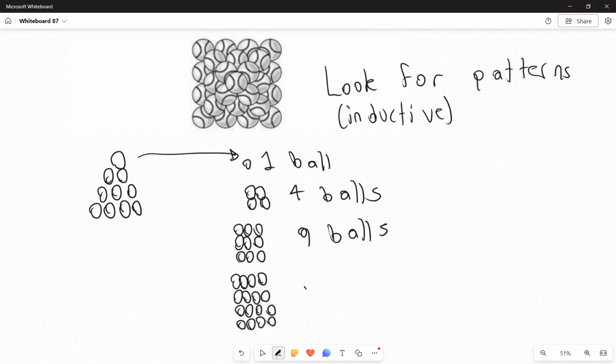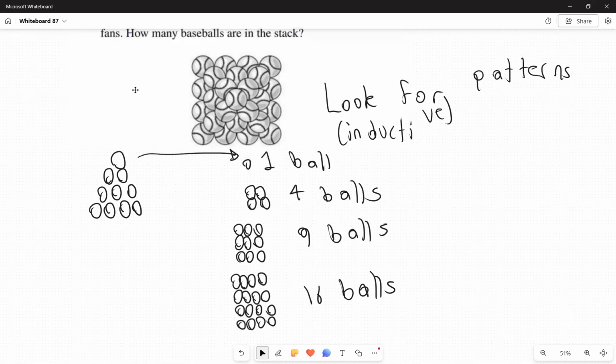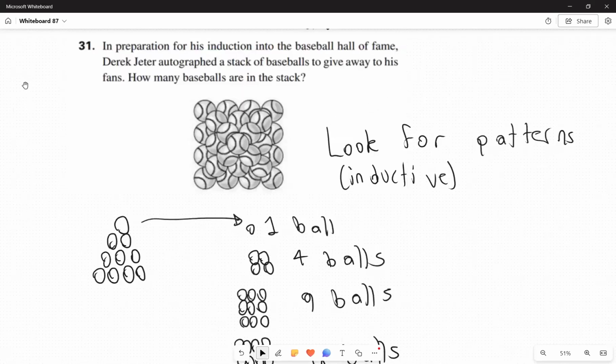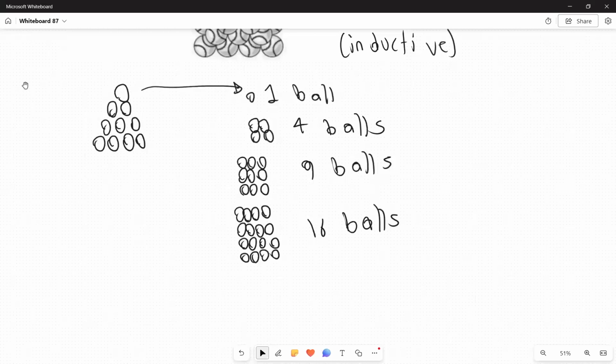So 4 by 4, that's 16. And if you add all the balls in the stack, that's going to be 1 plus 4 plus 9 plus 16. That's a total of 30 balls.